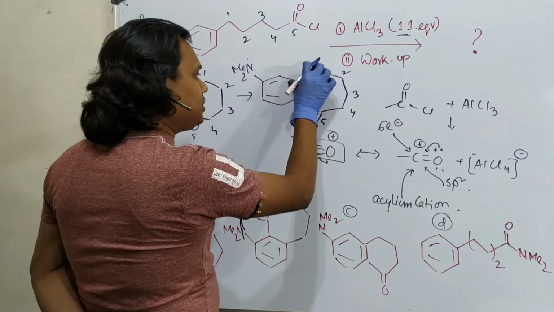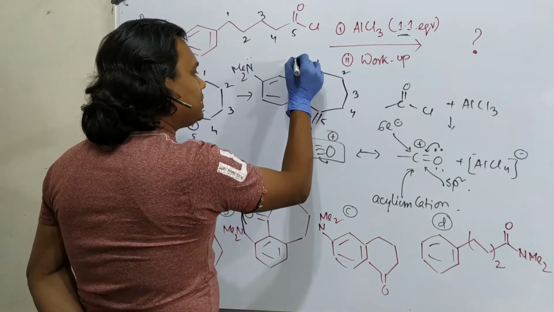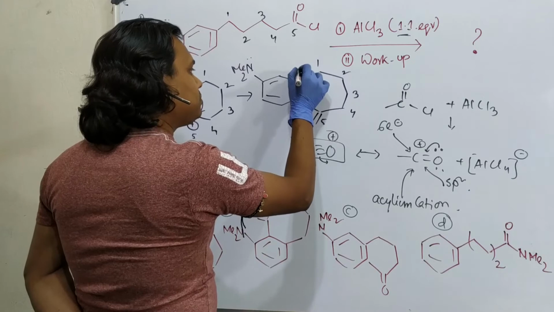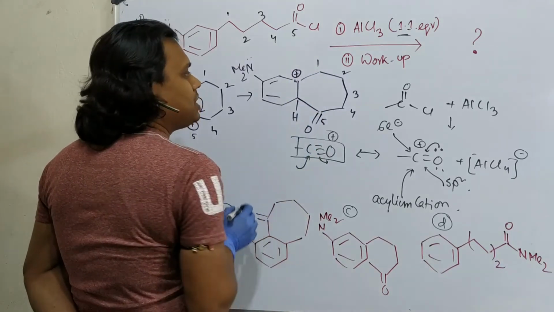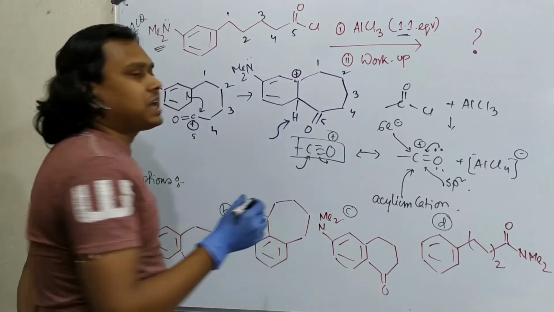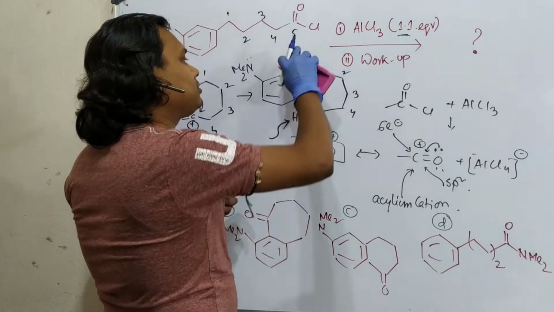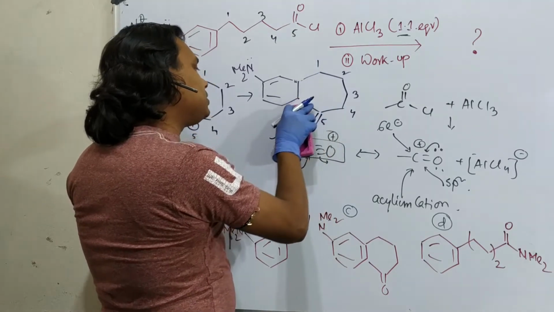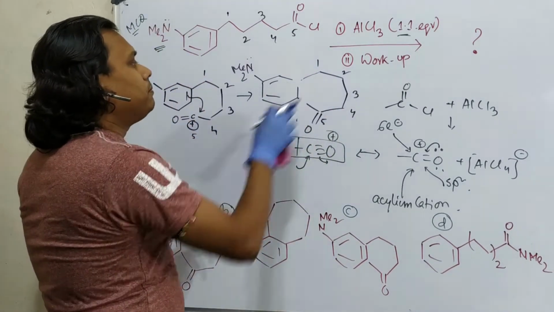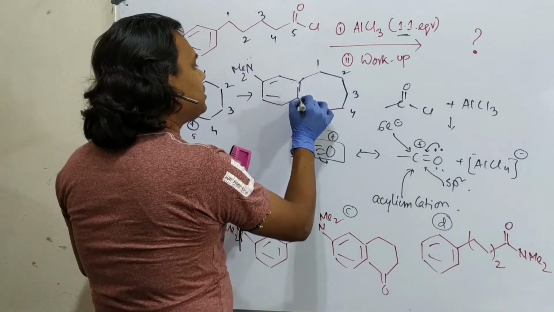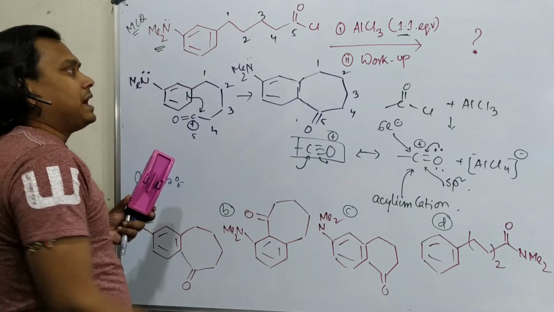Initially there will be a positive charge and there is one hydrogen. This hydrogen will be abstracted because aromaticity is the driving force. This hydrogen will go, and it will result in the aromatic compound back. So this will result in this compound, and this is the product.